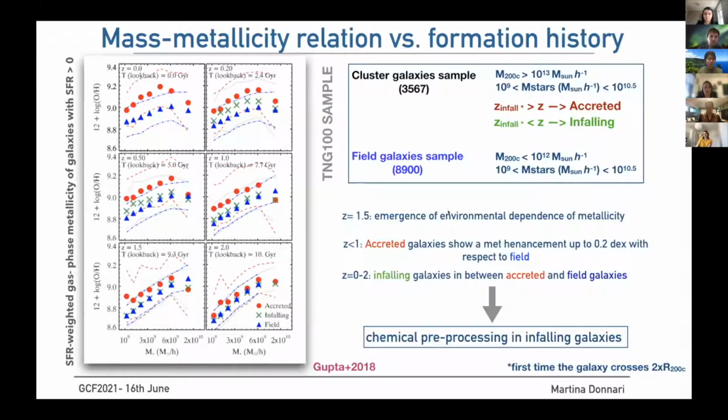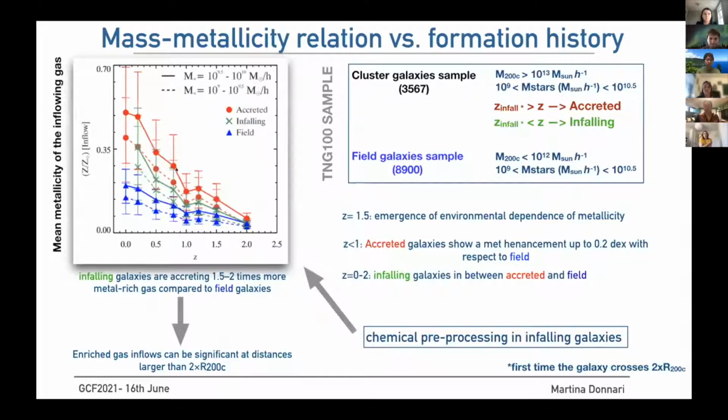Especially at redshift below 1, the accreted galaxies, so red points, show a metallicity enhancement up to 0.2 dex with respect to the field. But most important is that if you just look at the green points, the infalling galaxies, they lie always between accreted and field galaxies. And we can talk about a chemical preprocessing of these infalling galaxies, because I want to remind you that these infalling galaxies are not yet part of the cluster, but they are orbiting outside 2 times R200.